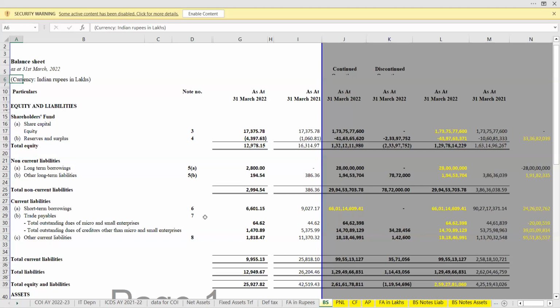What I do here is, whatever this gray area is, you make it in rupees, and you link all your groupings to this only. If you see in the formula bar, this is coming from BS notes, balance sheet notes. I don't want to get into individual sheets because the company name will be visible.